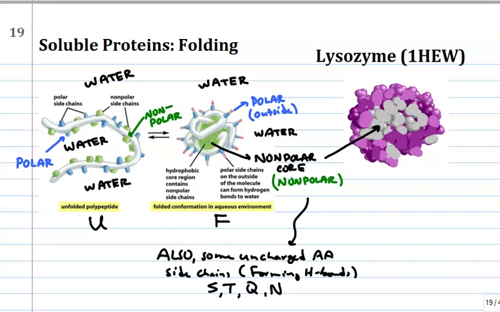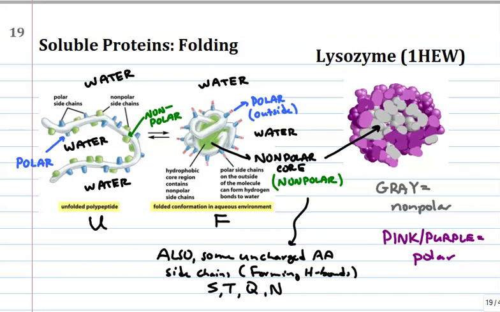So when we start doing this color coding, and we will do a lot of this, gray equals nonpolar side chains. And the pink or purple will be polar groups, polar amino acid side chains.